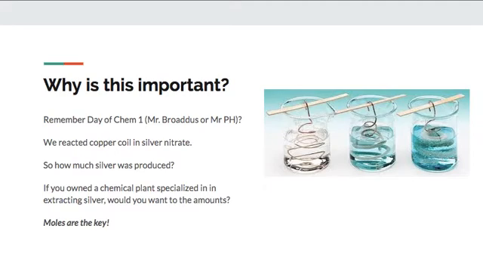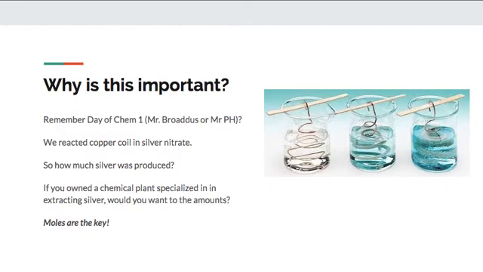Now, a reaction occurs when you do this where the copper actually replaces the silver in the solution, and therefore the silver precipitates out and forms these beautiful crystals along the copper coil. And at the beginning of a class, the beaker looked like the one on the left in the image. And by the end of the class, the beaker looked like the one in the middle, and the next day it looked like the one on the right.